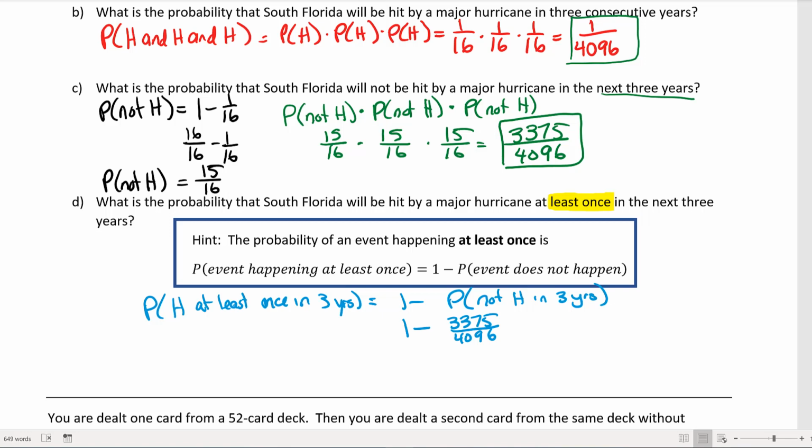So if it happens once or twice or even all 3 times, that's going to be the complement of that. So one easy way to get a common denominator is just take the denominator that you want over itself to replace the 1.